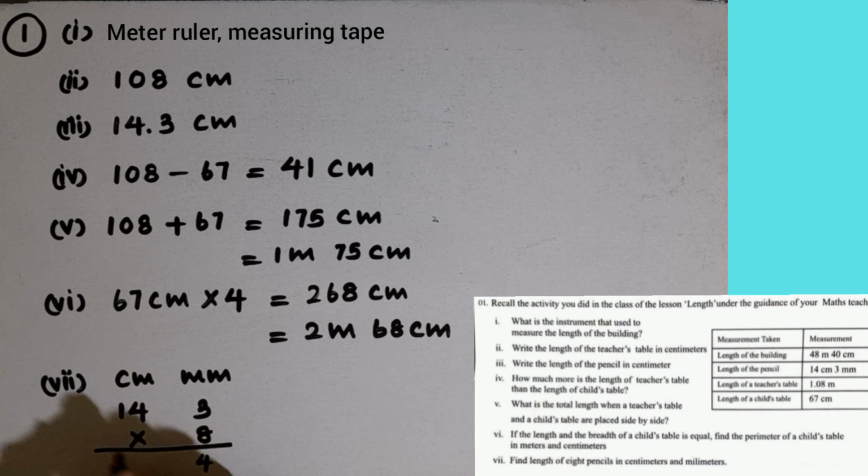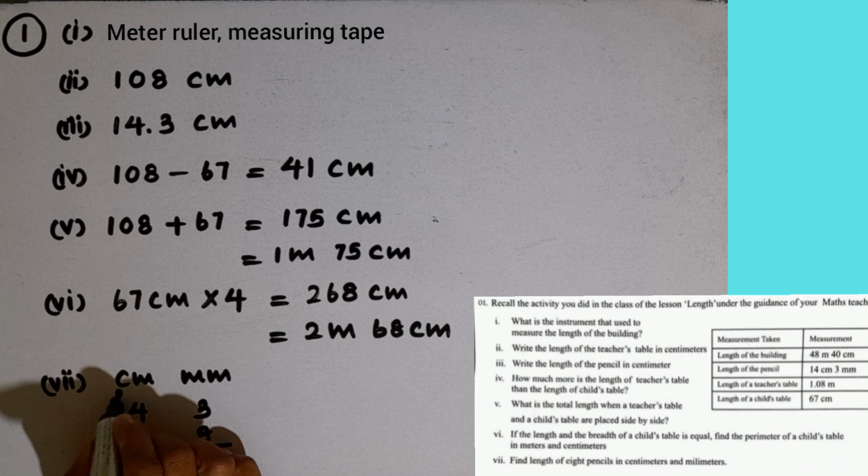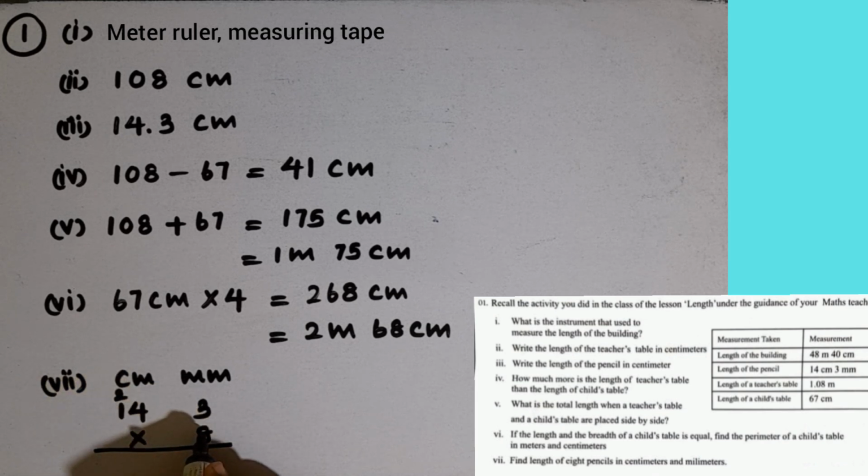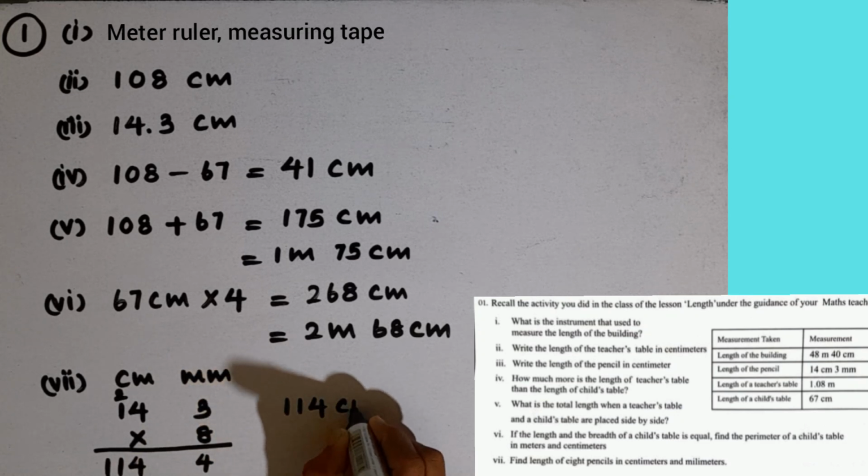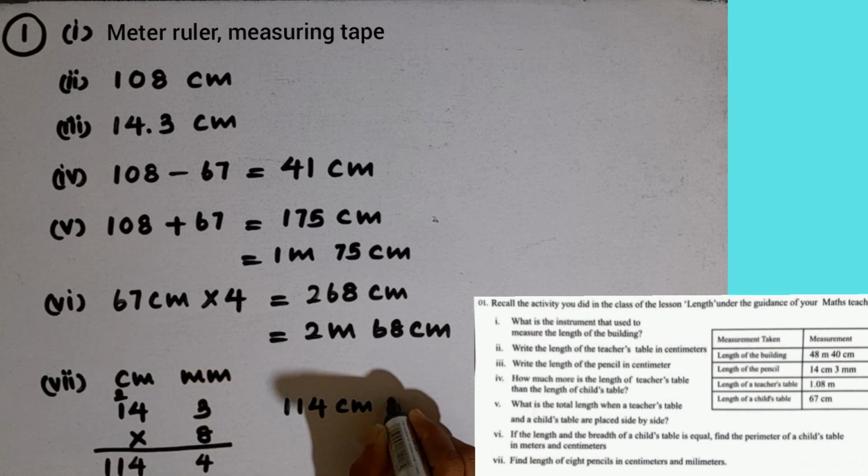Keeping 4 here, we have to take 20 millimeters as 2 centimeter. 8 times 4 is 32. Plus 2 is 34. Then 3 is remaining. 8 times 1, 8. 8 plus 3 is 11. The total length is 114 centimeter 4 millimeter.